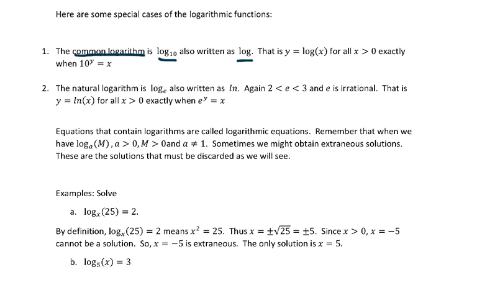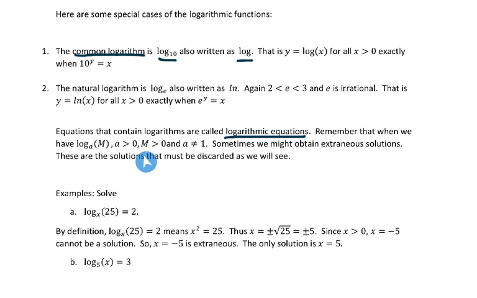Now here I want to look at special equations that are called logarithmic equations. These are equations that have a logarithm in them. And as a reminder, whenever you have log base a of something, m I'm calling it, the a has to be positive. It can't be 1. And the m also has to be positive.